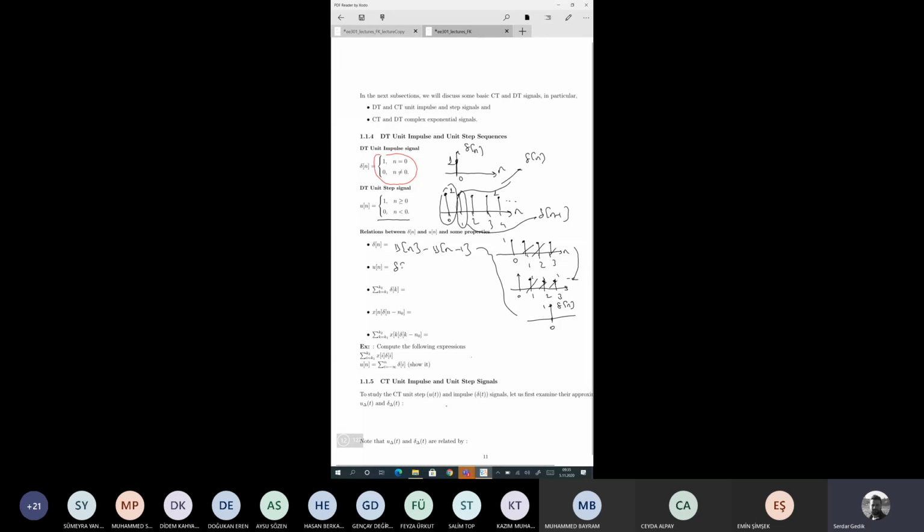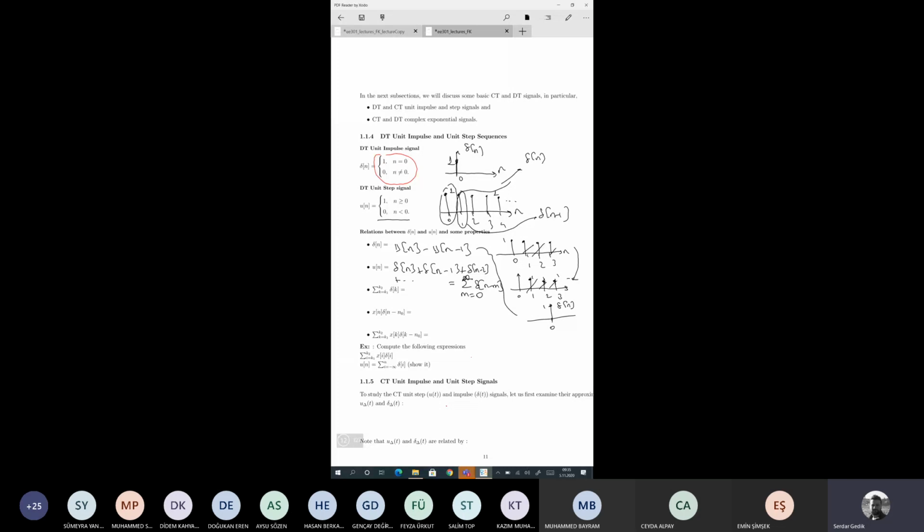So u of n is simply impulse of n plus impulse of n minus 1 plus impulse of n minus 2 plus, it goes on like this till infinity. So it is equal to the summation over m from 0 to infinity of impulse of n minus m. This is how I can write u of n in terms of impulse of n.